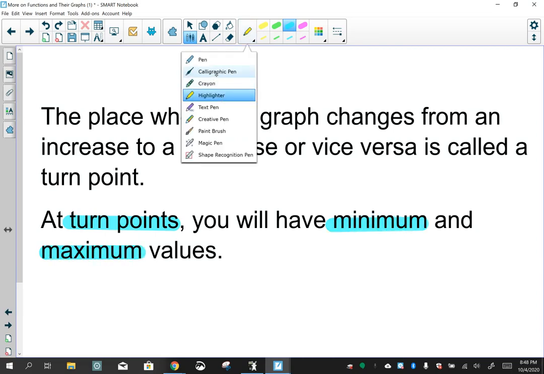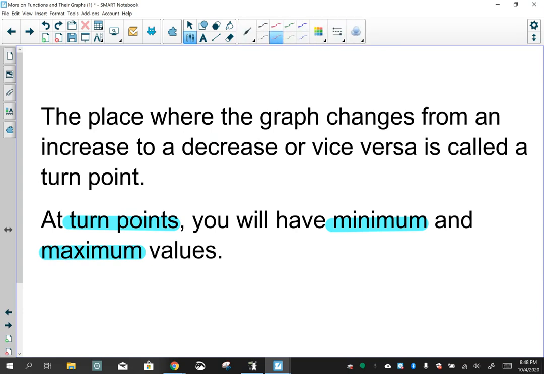And this is how you know what your turn point is. If you come from a positive slope and you turn and go to a negative slope, you have a max point. If you come from a negative slope and turn and go to a positive slope, you have a minimum point.